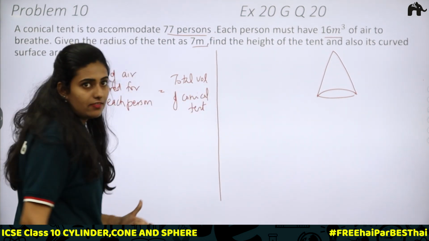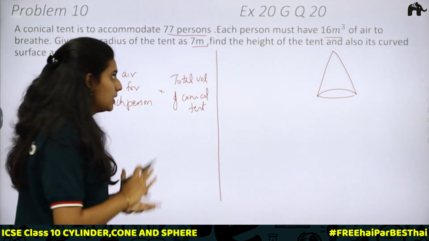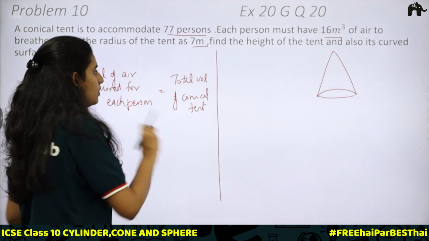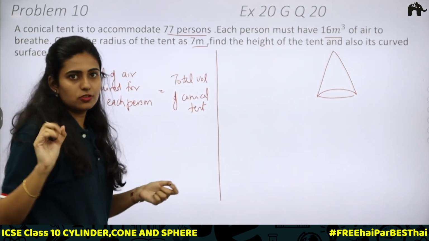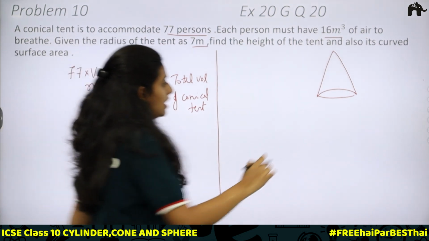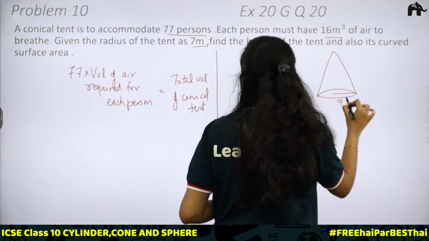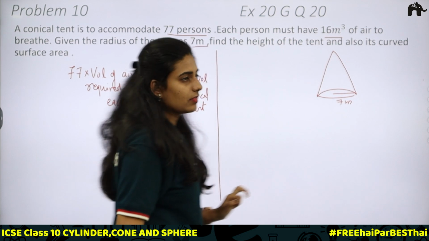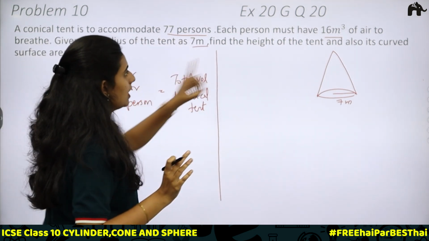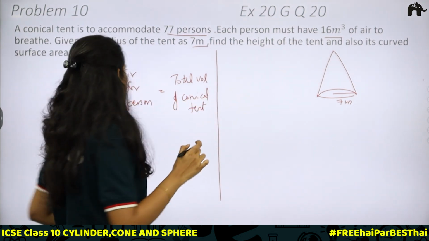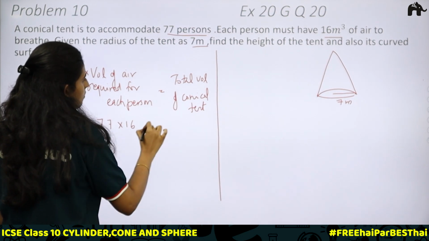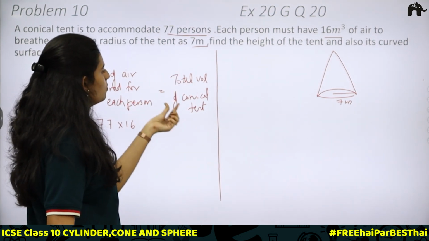Okay, 77 is the number of persons into the volume of air required for each person will be equal to the total volume of conical tent. We need to find the height of the tent given that the radius of tent is 7 meter. Okay. Volume of air required for each person we know that is given 16 meter cube. 77 into 16 will be equal to the total volume of conical tent.